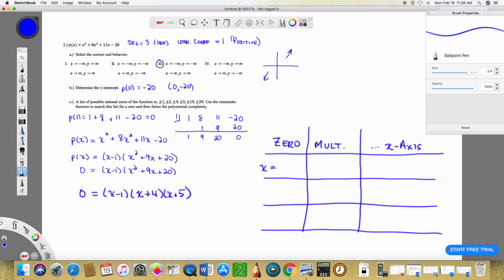Zeros are just another word for x-intercepts, and sometimes you'll see it called roots in older textbooks. So 1, -4, and -5 are all zeros. They all have a multiplicity of 1. Since 1 is an odd number, it crosses over the x-axis. None of these are a touch and turn situation.